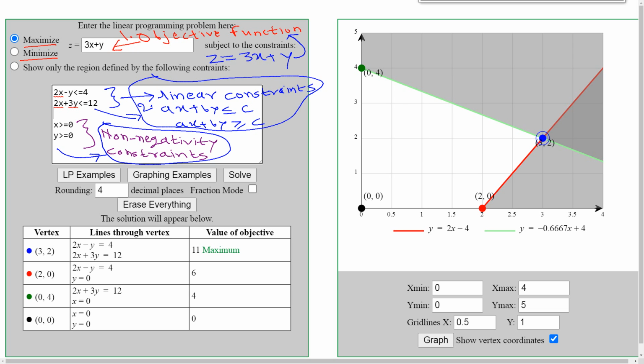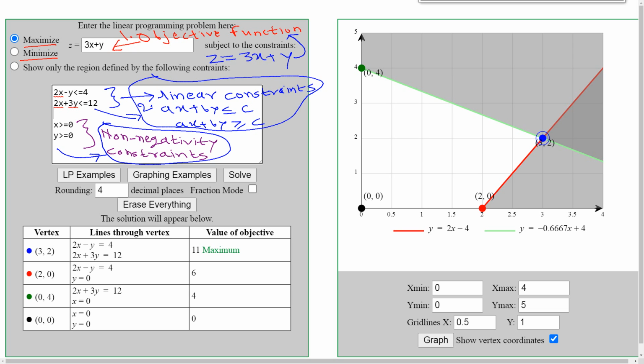I repeat this: obtaining the solution of a linear programming problem means to obtain those values of x and y for which the objective function will assume maximum or minimum value, satisfying all linear constraints and non-negativity constraints as well.